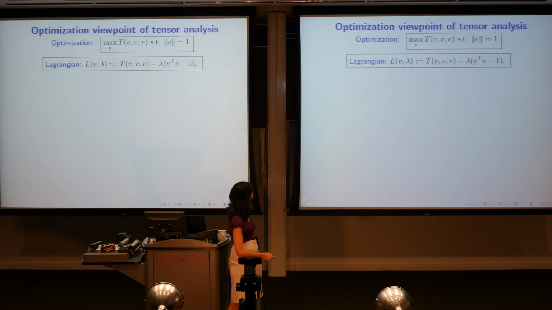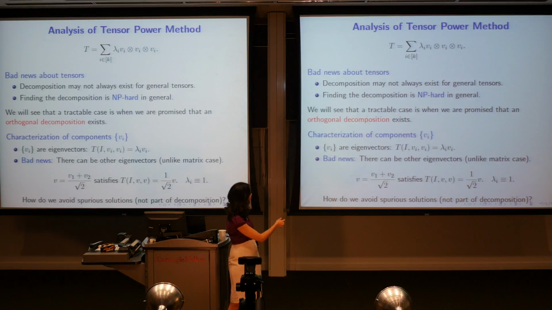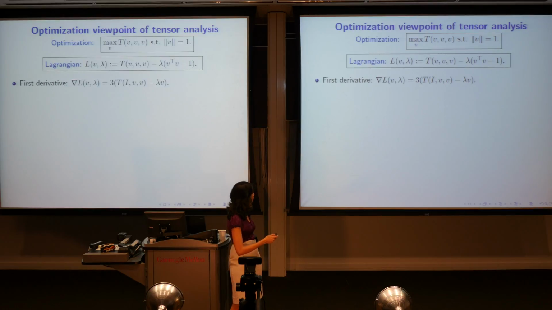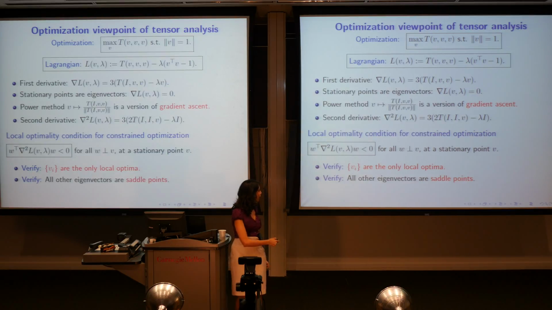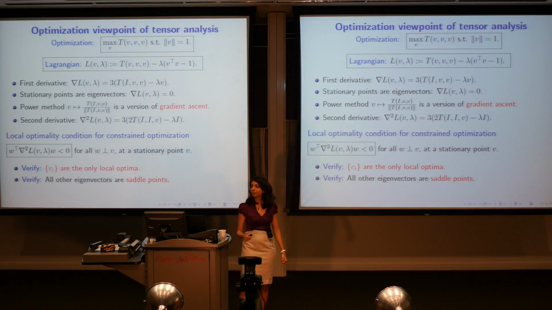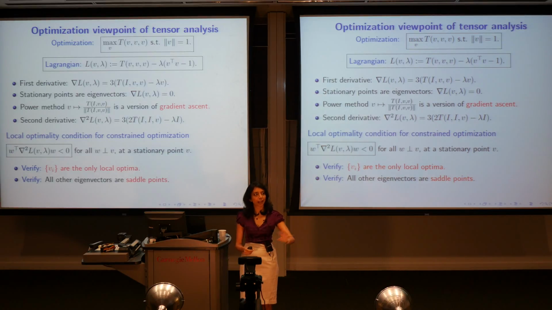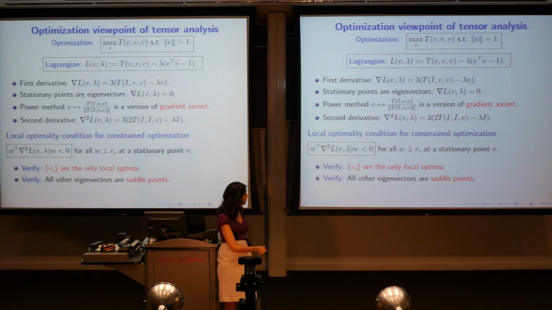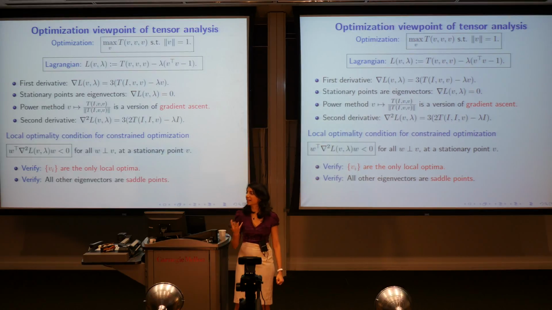So sorry, this was this decomposition. Only the components of my decomposition are the local optima. We saw that there could be other eigenvectors other than the decomposition, but luckily, they turn out to be saddle points.